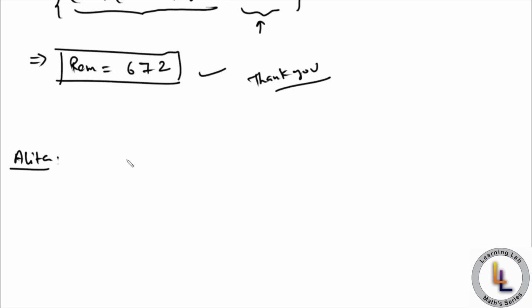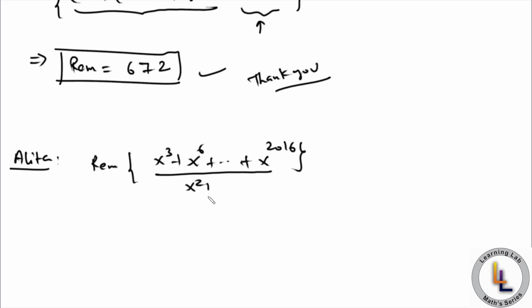Now using another method, we have to find the remainder when x cube plus x raised to power 6 up to x raised to power 2016 is divided by x square plus x plus 1, right? Since the divisor is a quadratic expression, the remainder should be in linear form.